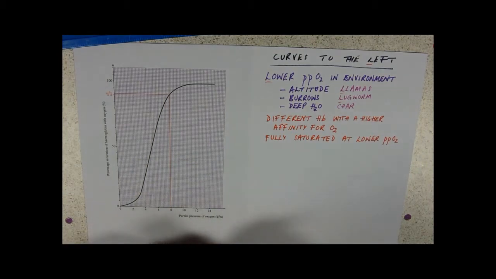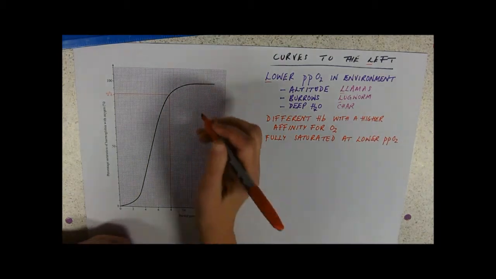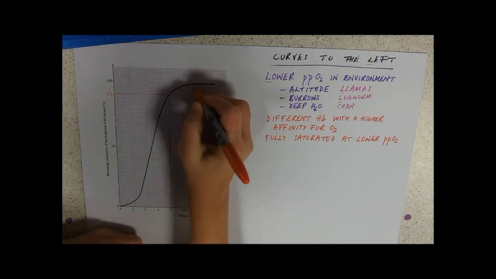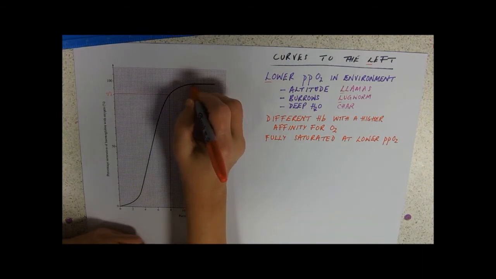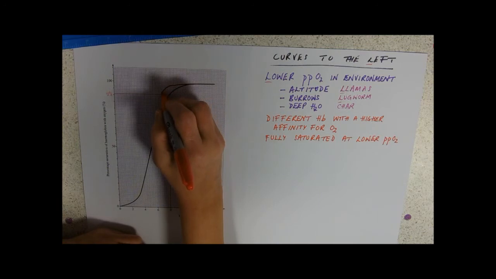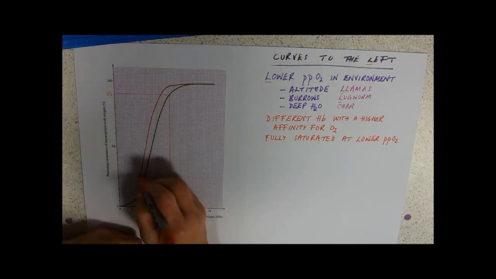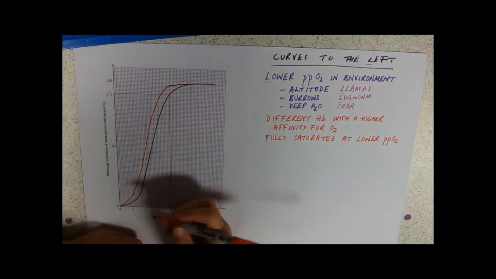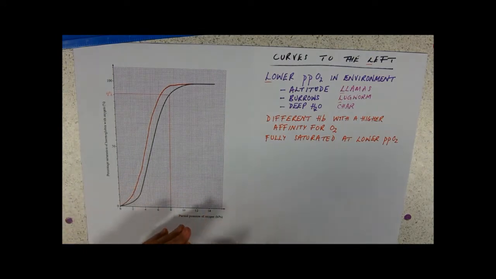So if you're a llama living in the high Andes, your curve is pretty much going to be almost flat over to 8, and then it's going to drop down towards 0. So that curve is to the left.